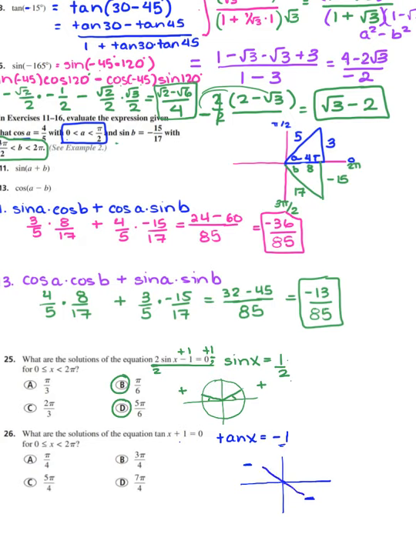So this is going to be 3 pi over 4, and down here is 7 pi over 4. That's where the tangent is going to be a negative 1, where the ratio of the y over the x. So we have this answer, and we have this answer.